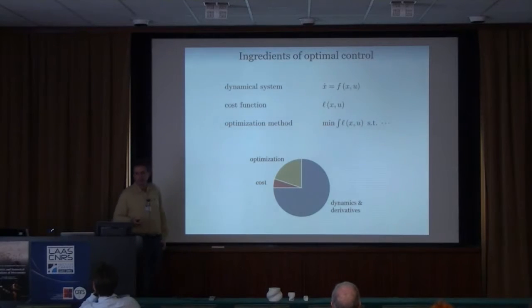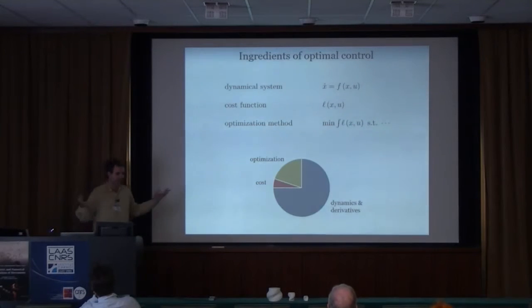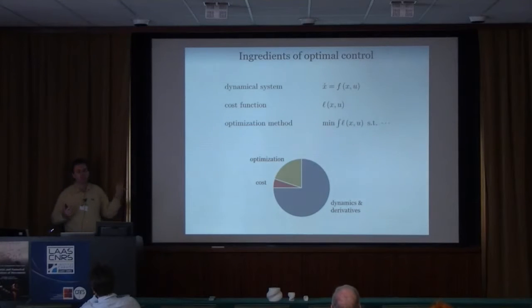In everything I'm going to show you, at least 80% of the computing power goes into evaluating the physics of the system and numerical derivatives that are needed for optimization. There's a little bit of time spent on evaluating cost functions, and then the algorithm has to do something, but that's not really where the heavy lifting happens.